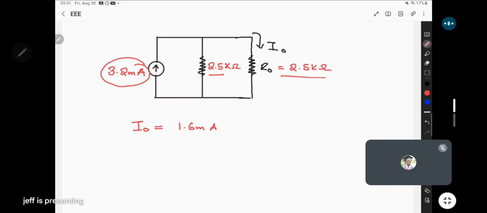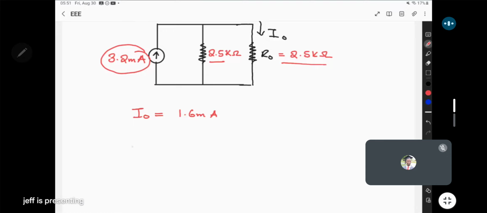Once we get the current I0, we can now get power. The power developed by the load there, we already substituted to be I squared multiplying R. So this is going to be, I don't want to use milliamps, so I'll use amps instead. So I use 1.6 by 10 to the power negative 3 amps, squared, multiplying the resistance.